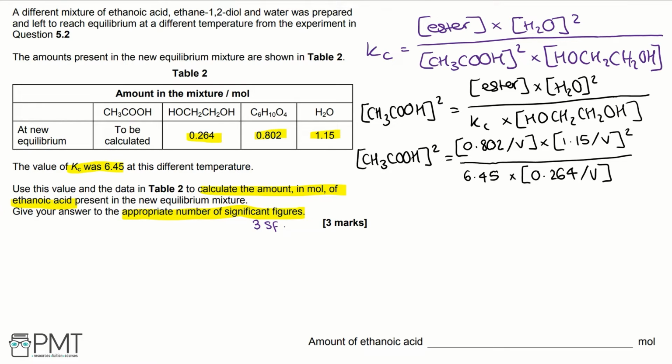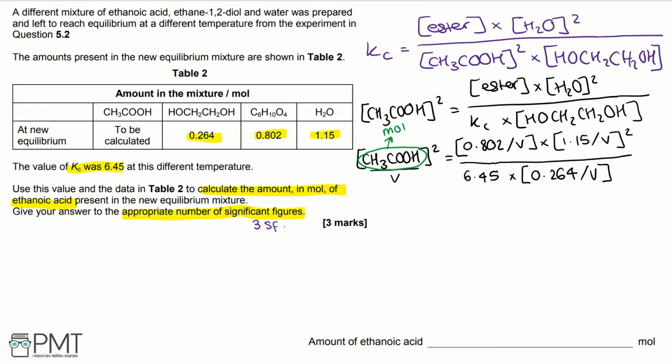In this expression, ethanoic acid would also be divided by a certain volume, and that means when we write ethanoic acid, we're actually just writing its moles that we don't know. So that means we can ignore volume and just directly calculate moles.